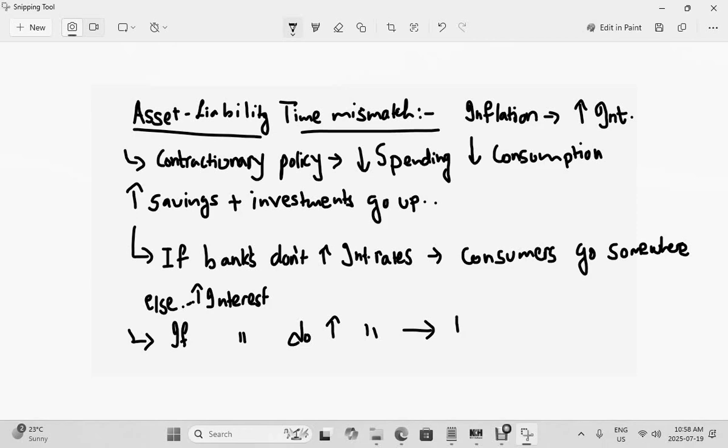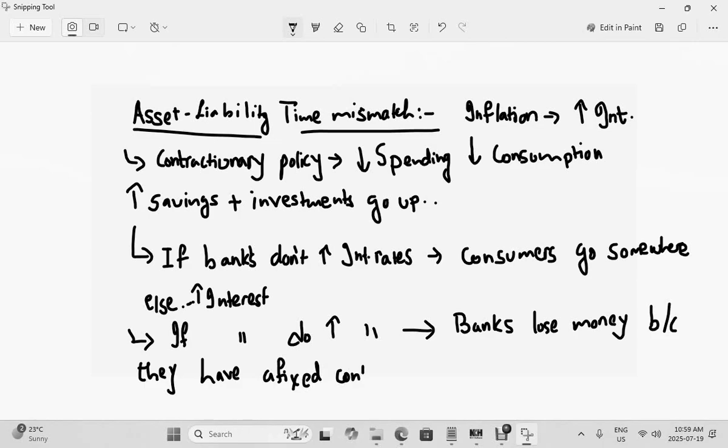So banks lose money because they have a fixed contract for products like mortgage products, mortgage loan, line of credit, personal loan, so on and so forth.